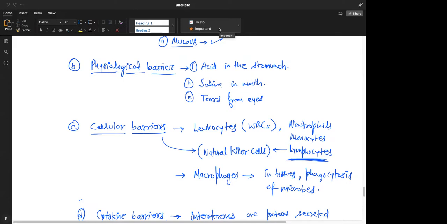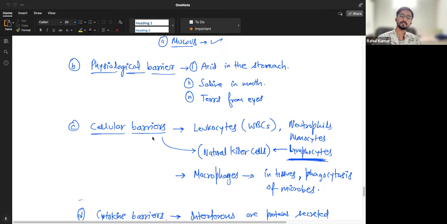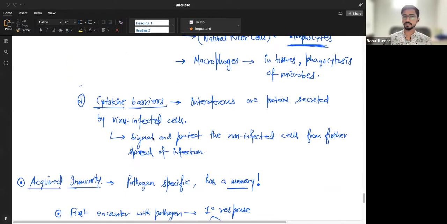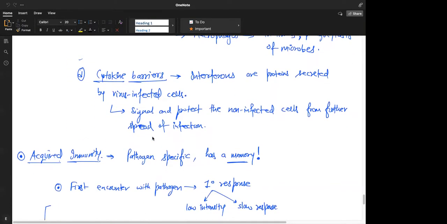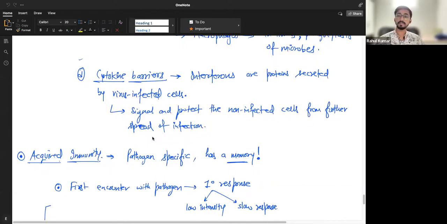One type of lymphocyte is NKCs, natural killer cells. The other types are the B and T lymphocytes, which I will be teaching you today. So the type of lymphocytes that contribute to innate immunity are natural killer cells.